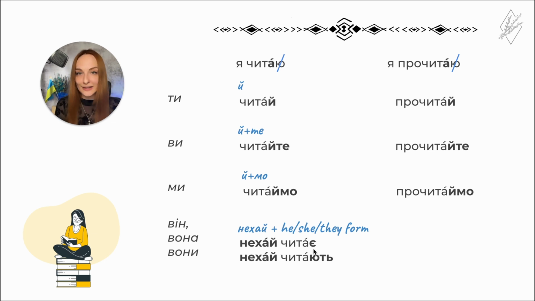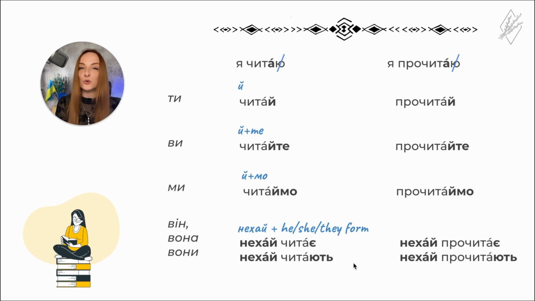Нехай читає, like він читає, вона читає, right? You just add the word нехай before them. Нехай читає або нехай читають. Нехай прочитає, нехай прочитають. Like let them read or let him or her read something. And this is the whole pattern for the first group.